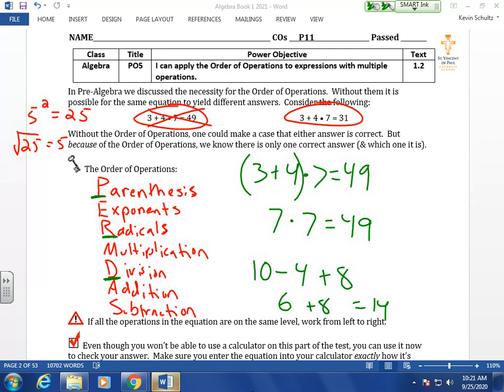If you really wanted to add first, you could. But you wouldn't take 4 plus 8. What would you be doing if you really wanted to add first? Miranda. You could add 10 plus 8 and then subtract the 4. That's an option, right? 10 plus 8 is 18 minus 4 is 14. Or, what else?